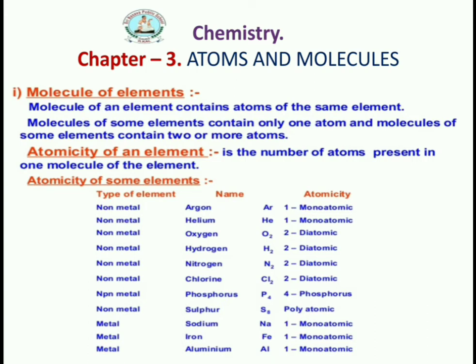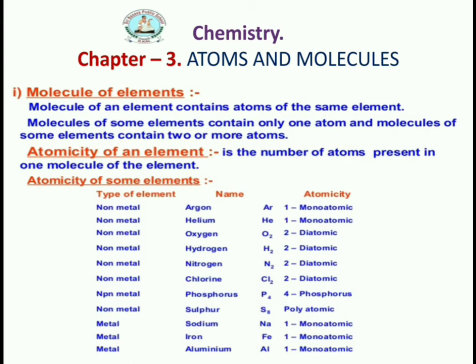Next here, atomicity of some elements. The types of elements, non-metals and metals, are given in one table, the names of the elements in another, along with their symbols and atomicity. Atomicity means monoatomic, diatomic.